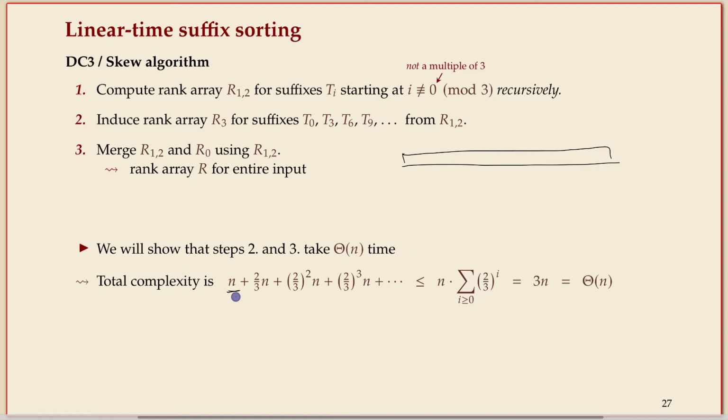Then the total complexity of the entire algorithm is what you need in the first step and what you need in all the recursive calls. And so for the first step, we have a linear contribution from steps 2 and 3. And that is for the entire list. So that's the topmost recursive call.